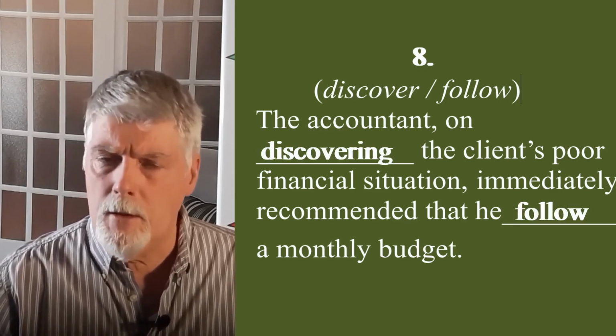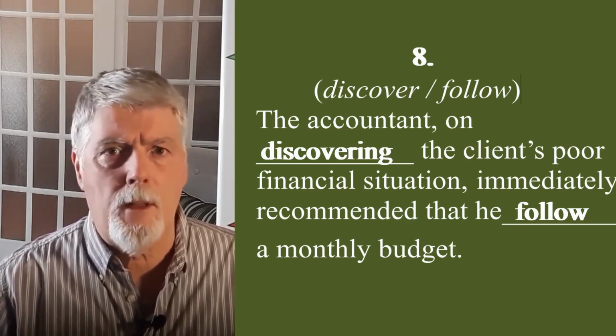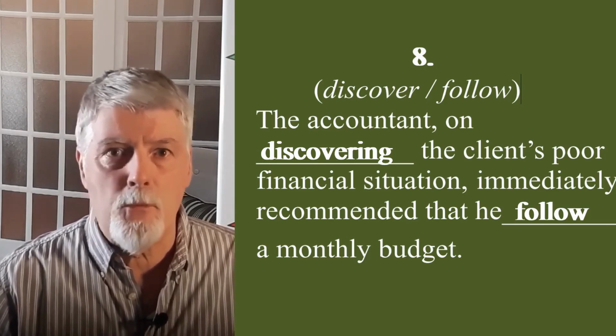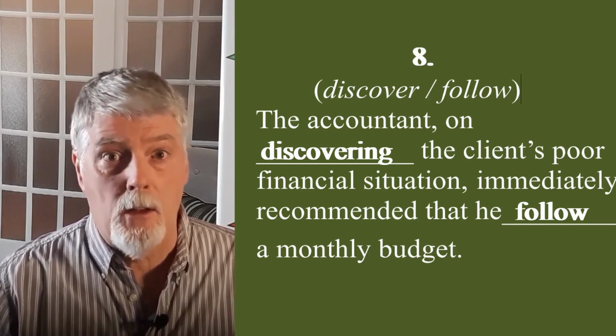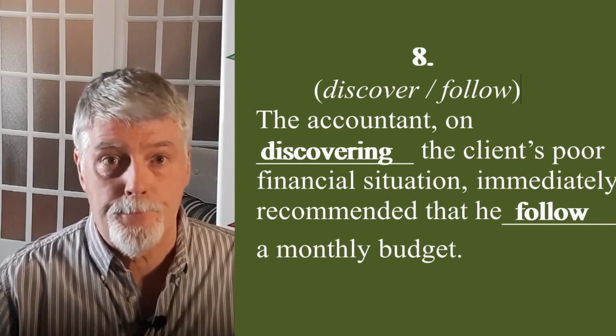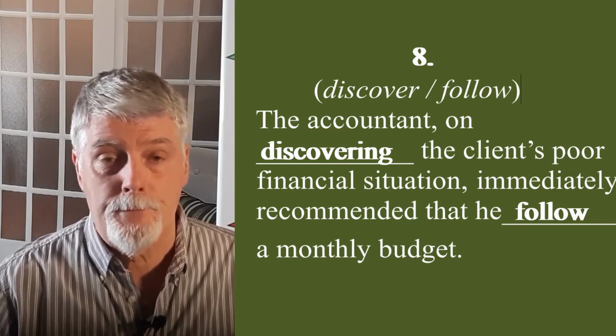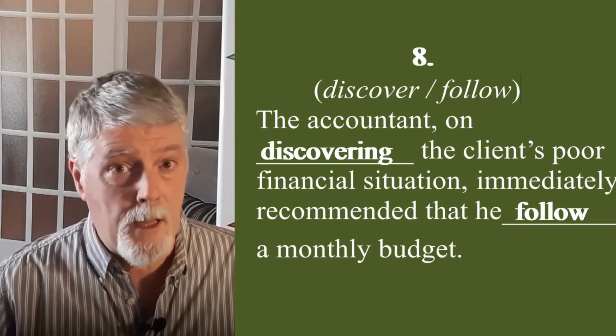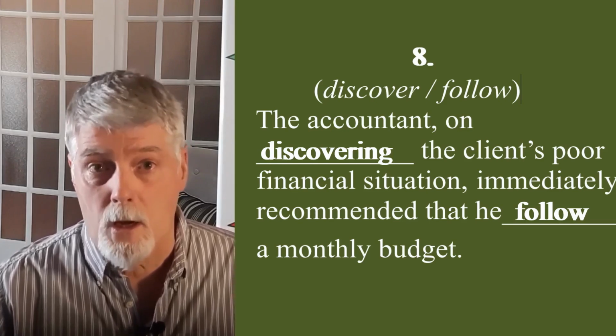Number 8. Answer. The accountant, on discovering the client's poor financial situation, immediately recommended that he follow a monthly budget. So at the beginning of the sentence, we have the preposition on.